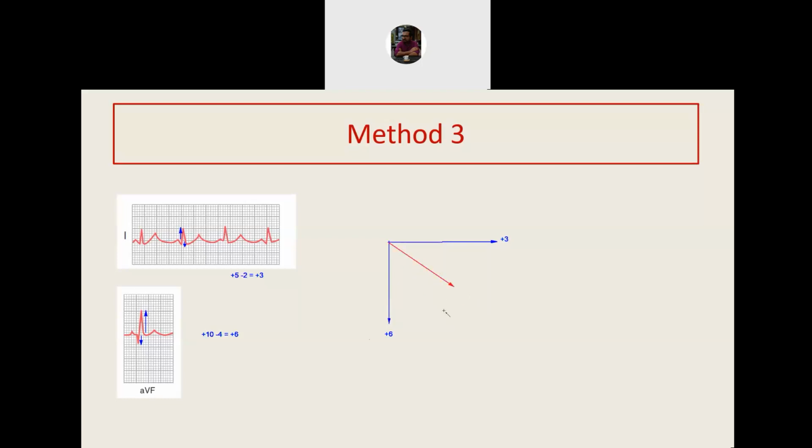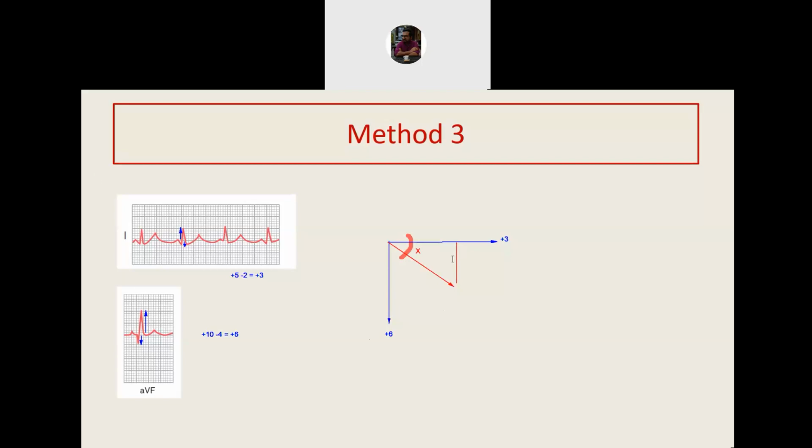If this is the vector, and this is the angle that it is making with the zero axis, let this angle again be x. Then the measurement that we are obtaining on the x-axis is actually the cosine component of this.